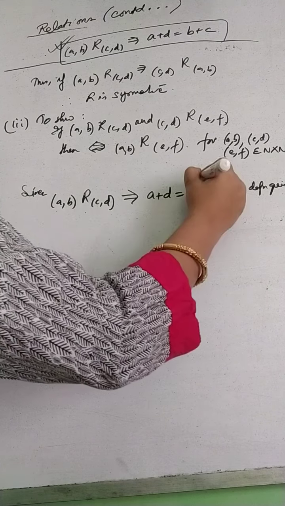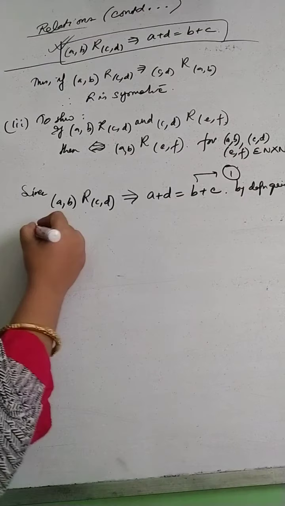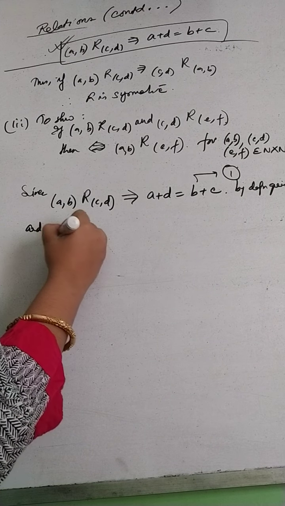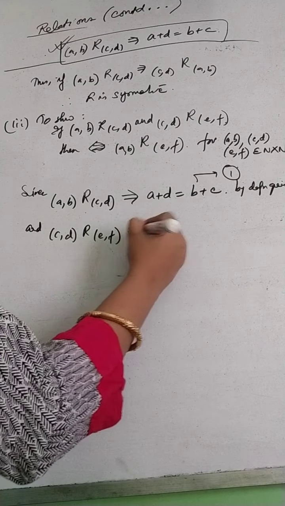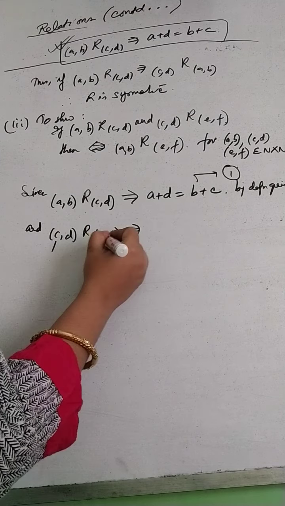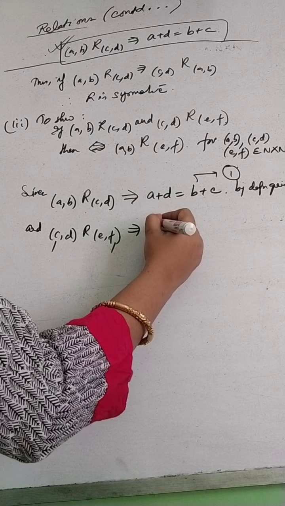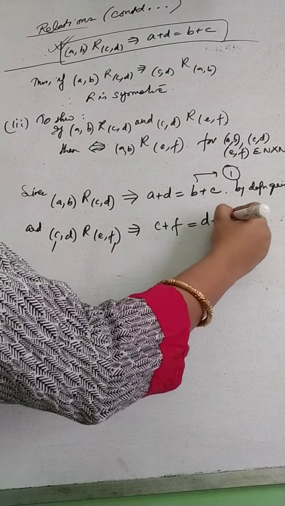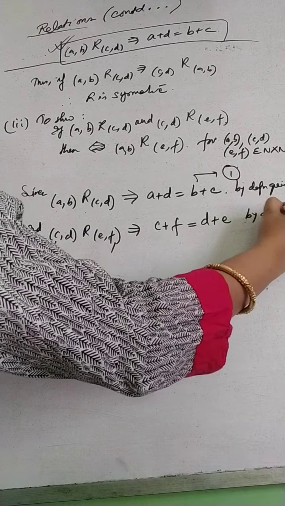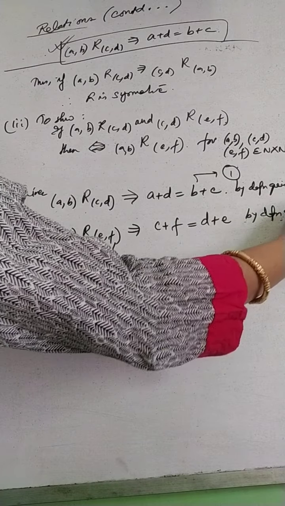I'll give it an equation number, suppose 1. Similarly, if I assume that CD is related to EF, then I can say that the first and the last component, that is C plus F, is equal to D plus E. Again, this comes from the definition that is given.